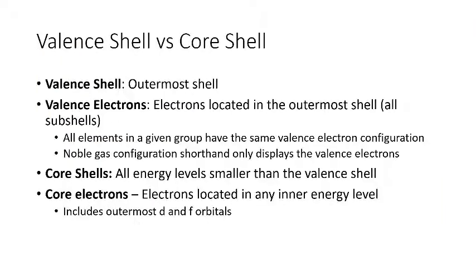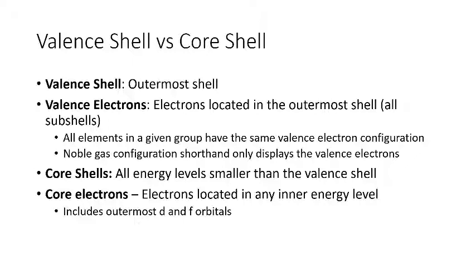So this noble gas configuration that we're looking at here, if we recall back to our discussion of effective nuclear charge, we introduced the idea of valence shell versus core shells, where the valence shell is your outermost shell, and valence electrons are the electrons located in that outermost energy shell. The core shells are all of the energy levels that are smaller than the valence shell.